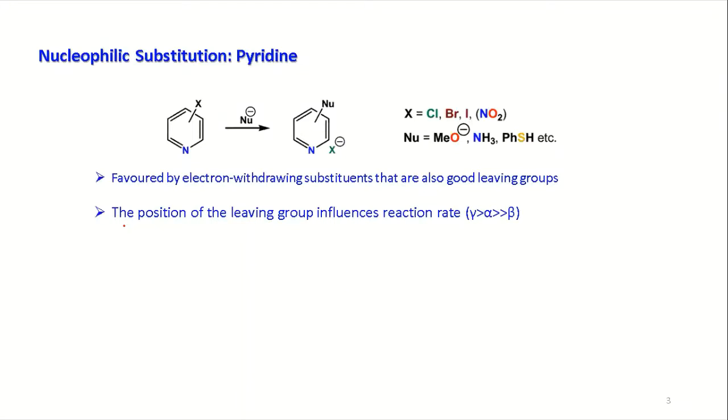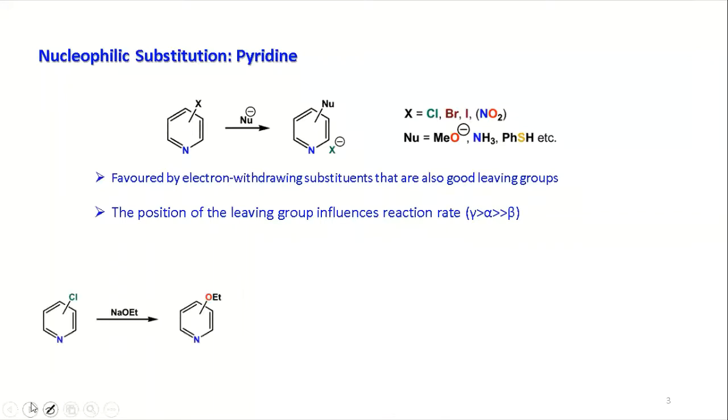The position of the X does matter, whether it is at the alpha position, beta position, or gamma position. Definitely, the gamma position is much more preferable than the alpha, and than the beta. We generally see that, and if you look at a particular experiment, you will understand the point.